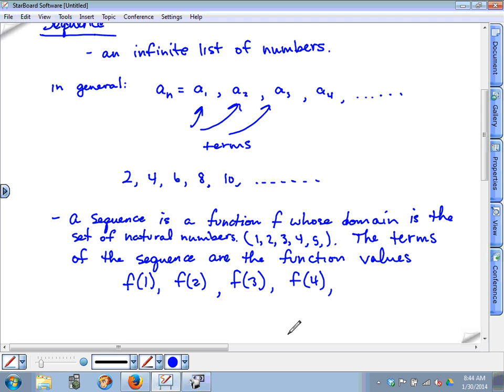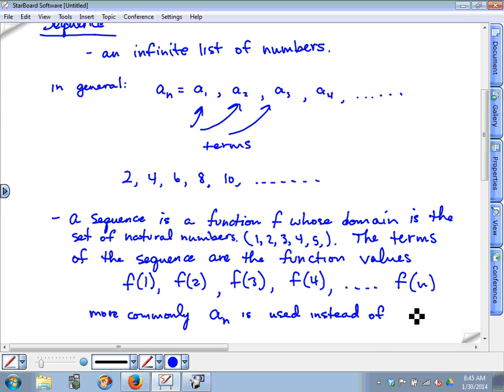Notice how we're only using natural numbers as inputs. Dot, dot, dot, f of n. Okay. More commonly, a sub n is used instead of f of n.